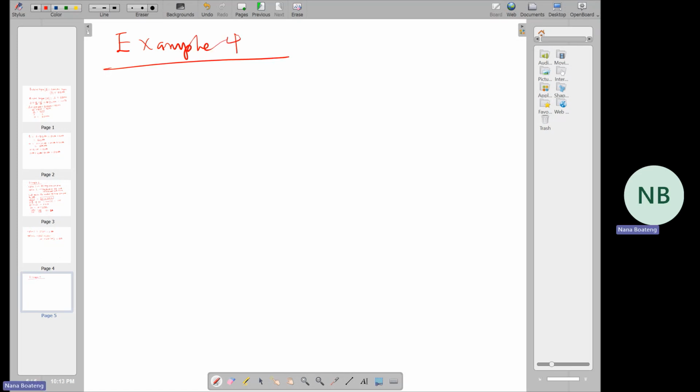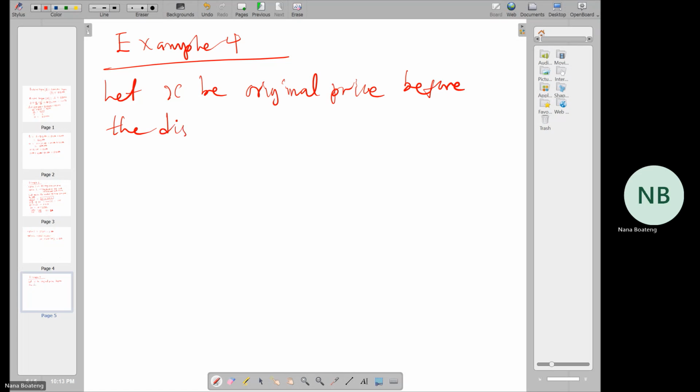Let X be the original price before the discount.